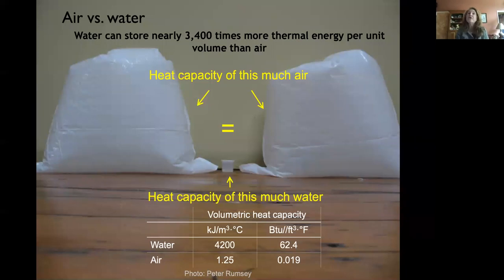So we showed you this early in the semester, in the first few lectures, when we were talking about volumetric heat capacity. Remember this? We talked about how water has over 3,000 times higher volumetric heat capacity than air. And back then we said, well, why is this going to make a difference?